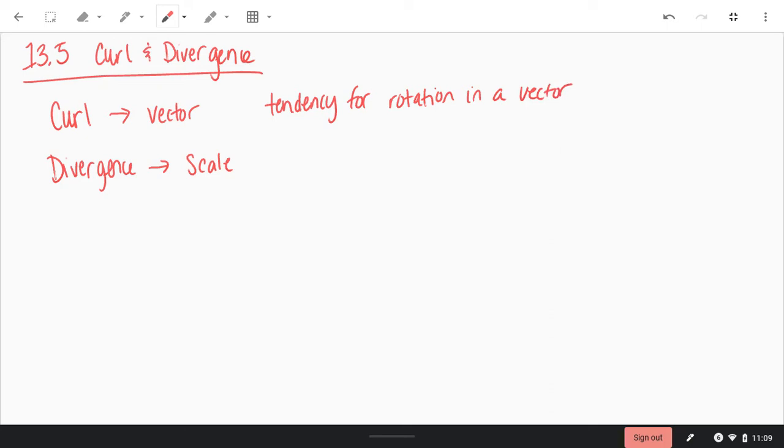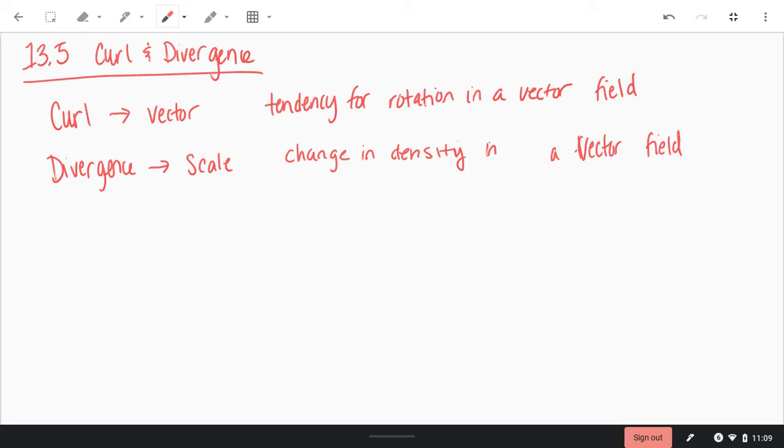But tendency for rotation in a vector field. And divergence kind of tells you, if you think of your vector field as like fluid, it measures the change in density. I guess it doesn't even have to be fluid, but change in density in a vector field.